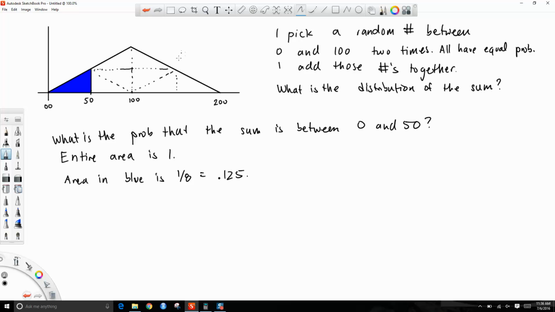So this is just kind of a loose way. I mean, we could do calculus and stuff, or some geometry and things like that. But basically we just figure out, what is the probability that the sum is between 100 and 150?